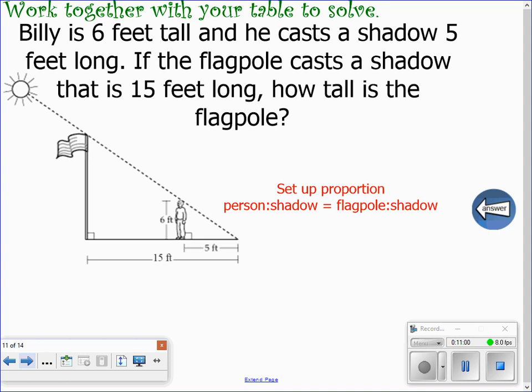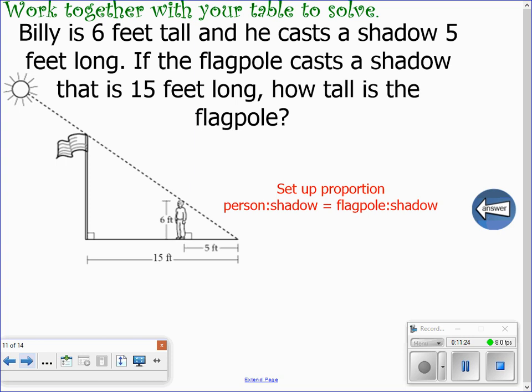If we're looking at real-world problems, again, you're setting up the proportion. Make sure that you're being consistent. So it says Billy is 6 feet tall, and he casts a shadow of 5 feet long. Because his height came first in the problem, when we set up the proportion, we're going to set it up as person to shadow. So his height to his shadow length.